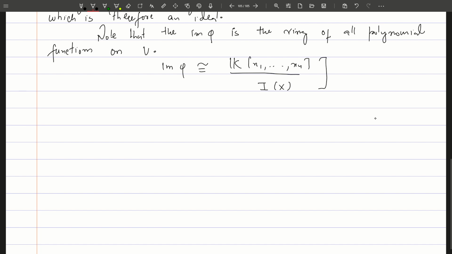So this is about A-algebras, where A is a commutative ring with identity. So let us suppose A is our base ring, which is commutative.